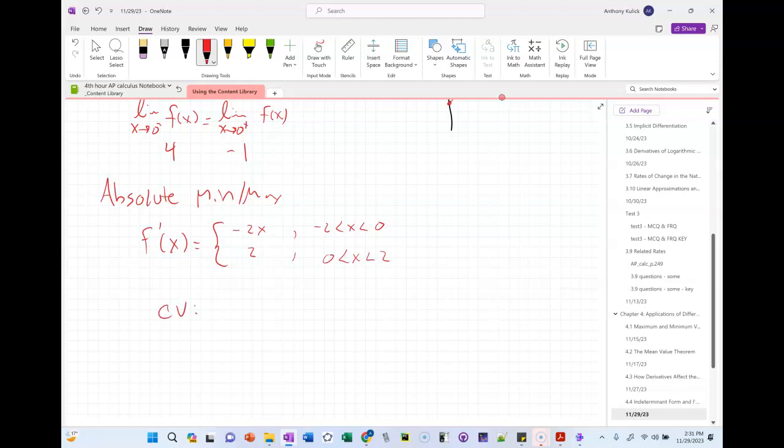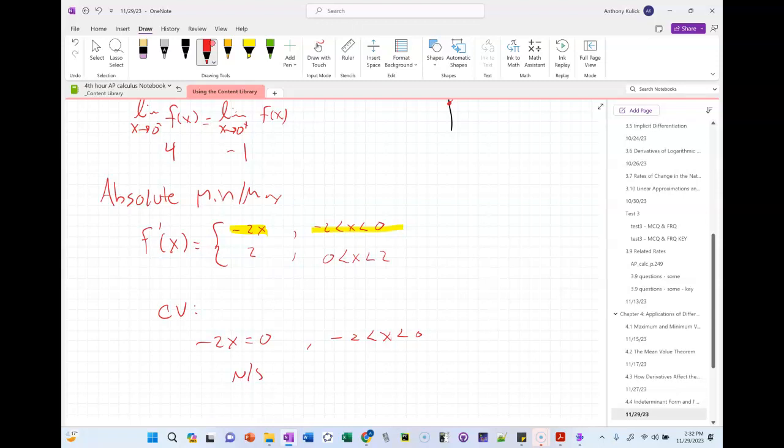So my critical values, where is -2x equal to 0 on that interval? Has no solution, right?